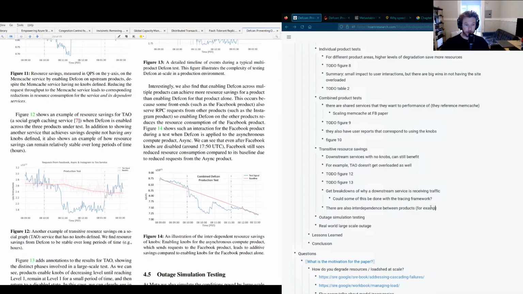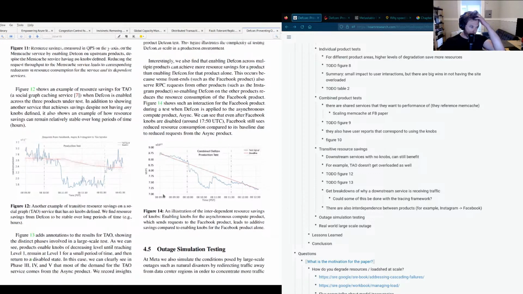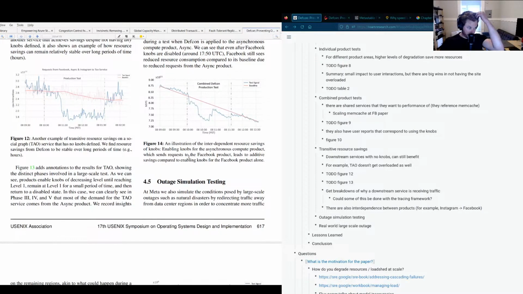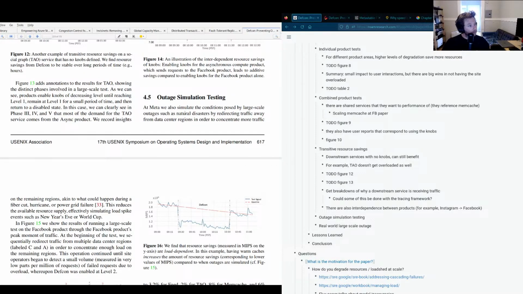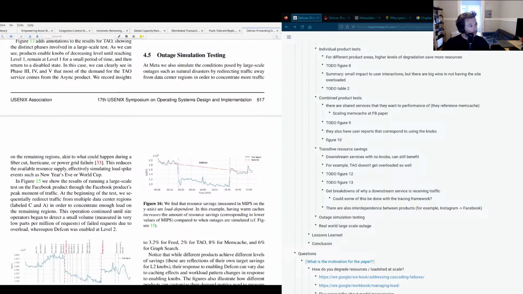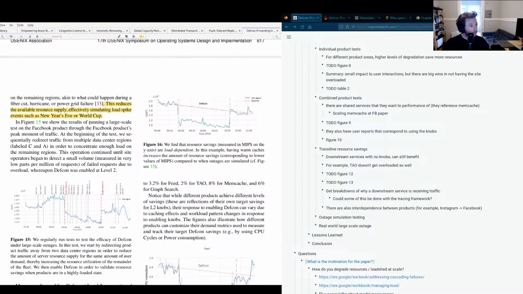For example, Instagram uses Facebook. Okay, outage simulation testing. This is cool. This idea of trying to force failure is something that is common among SRE teams.